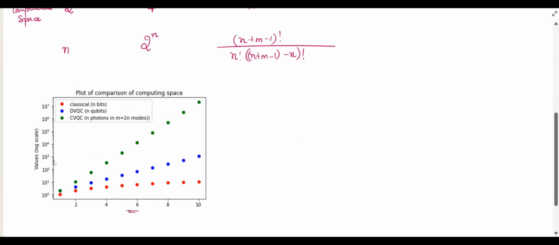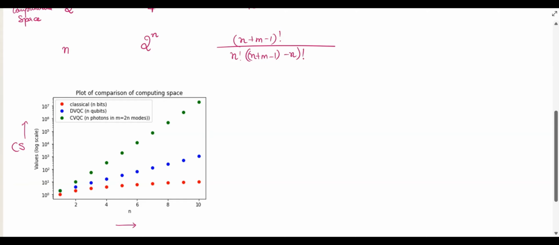So if I plot the comparison of the computing space, let's say on the y-axis I have the computing space available to me in powers of 10, and the x-axis represents the n basic units of information for the various paradigms.